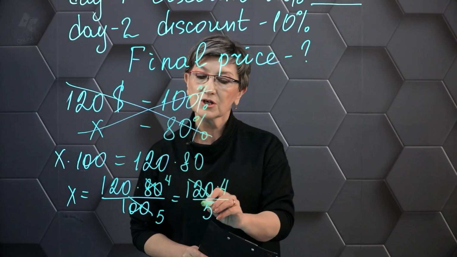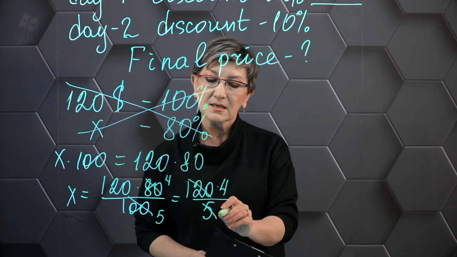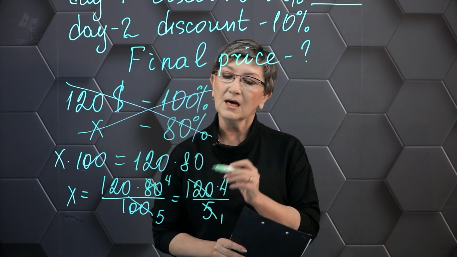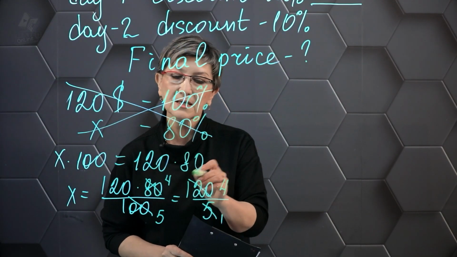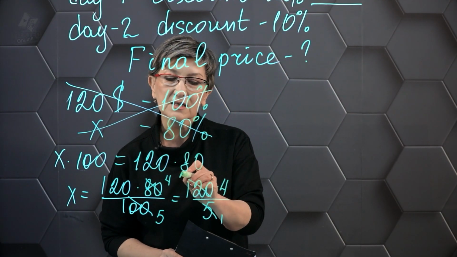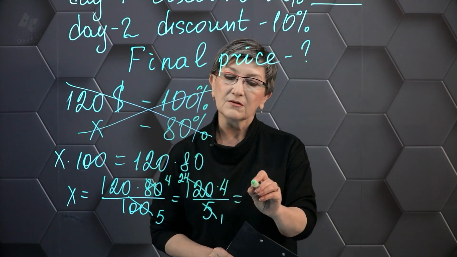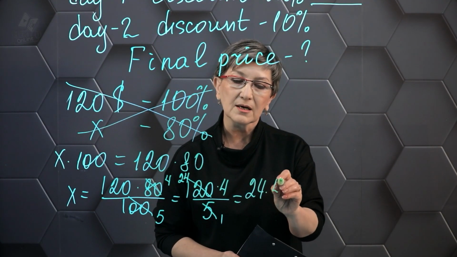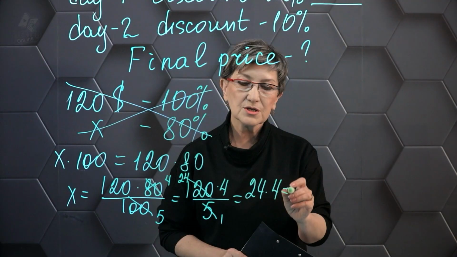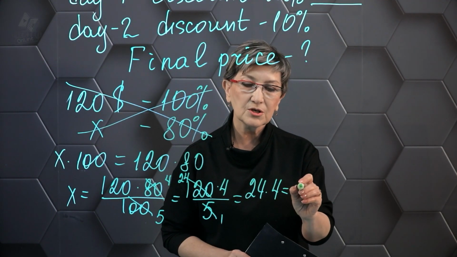120 and 5 can also be shortened. 5 divided by 5 would be 1, and 120 divided by 5 would be 24. So 24 times 4. That's 96.